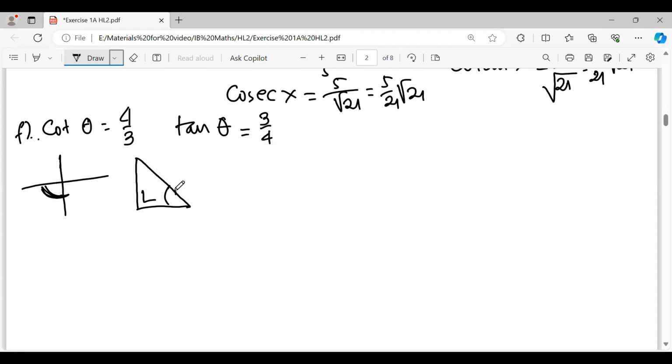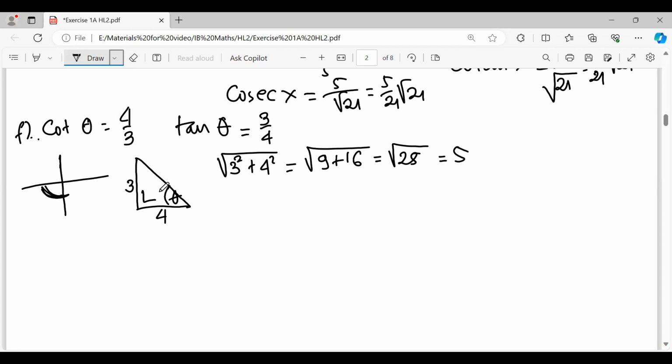If theta is here, it means 3 on this side and 4 on this side. How about this root? Square root of 3 squared plus 4 squared, it is 9 plus 16. Root 25 is 5. 5 here.